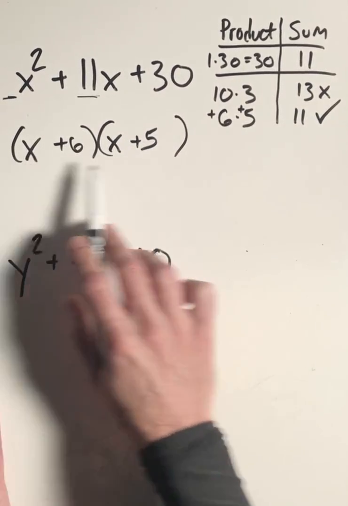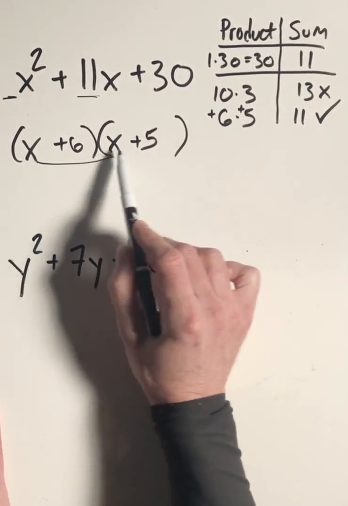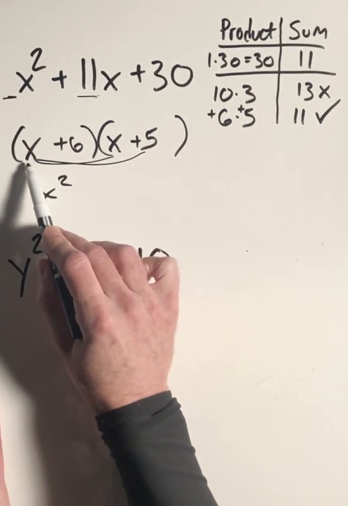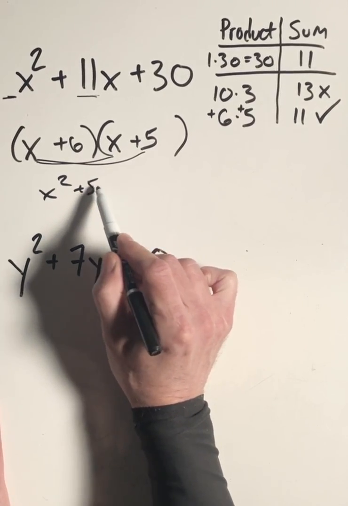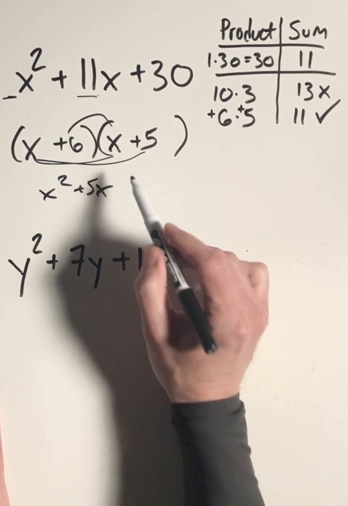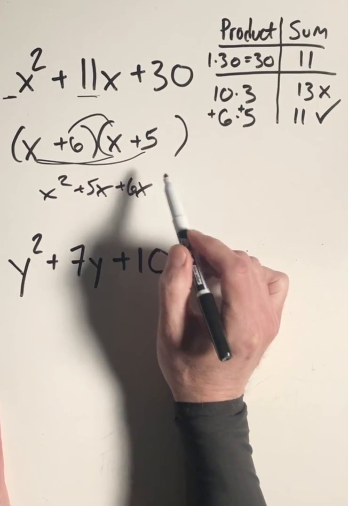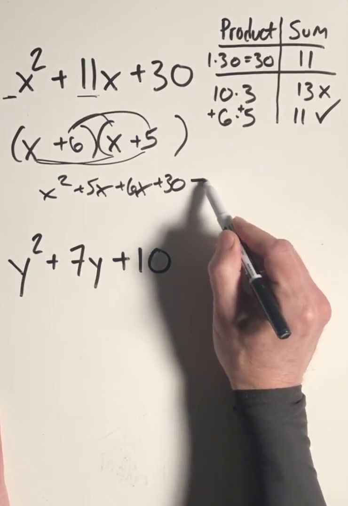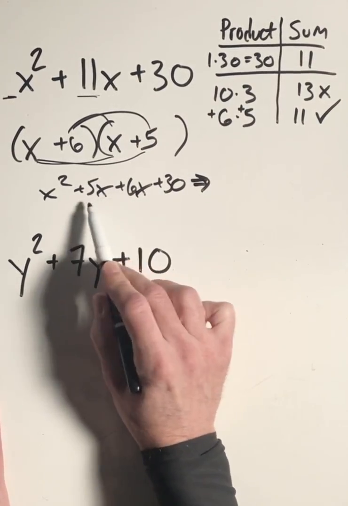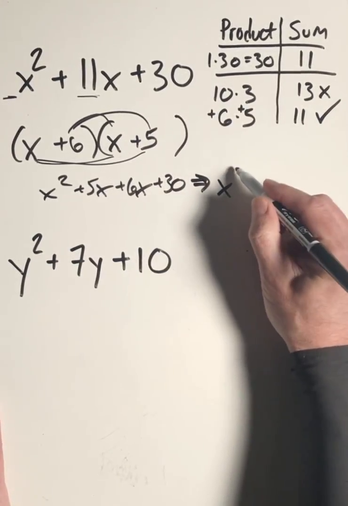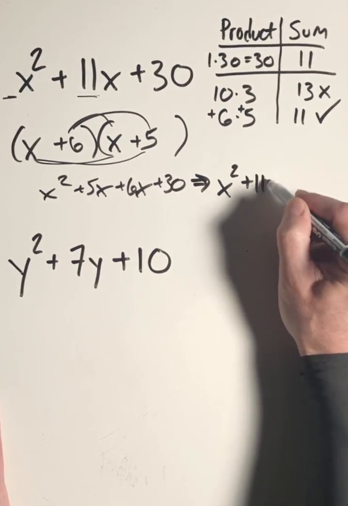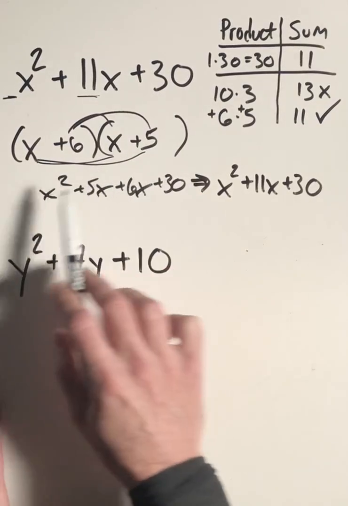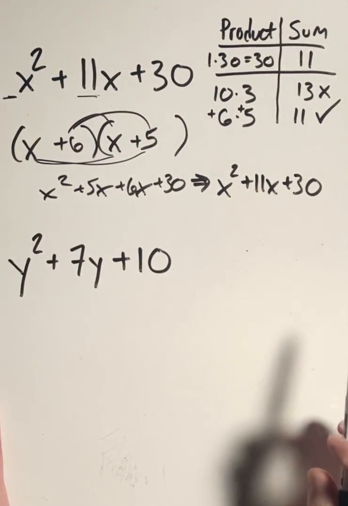When you FOIL this arrangement, you will have x times x, which is x squared, x times 5, which is plus 5x, positive 6 times x, which is plus 6x, and positive 6 times positive 5, which is positive 30. When we combine the like terms, we will arrive at x squared plus 11x plus 30, which was our original polynomial, so we know we have factored it correctly.